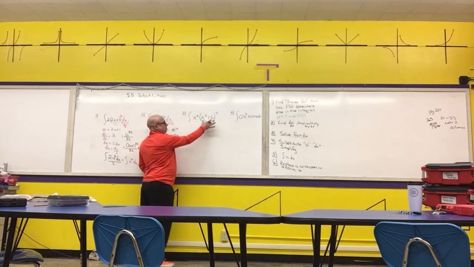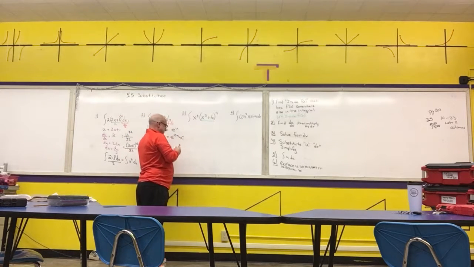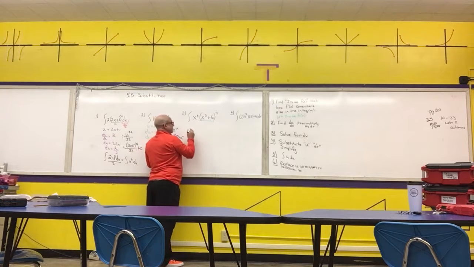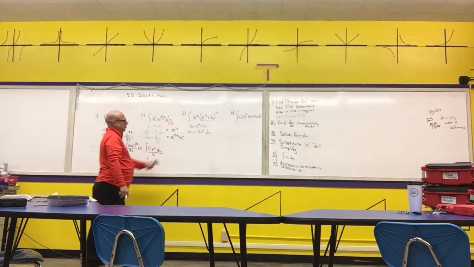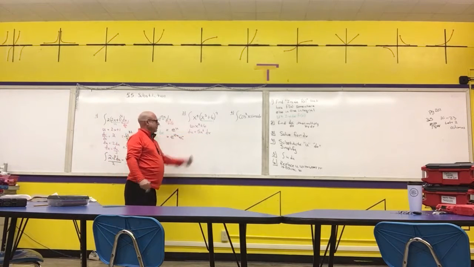So, my u is x to the 5th plus 6. du is equal to 5x to the 4th. This is over dx. Bring the dx over here. Next step is to solve for dx.